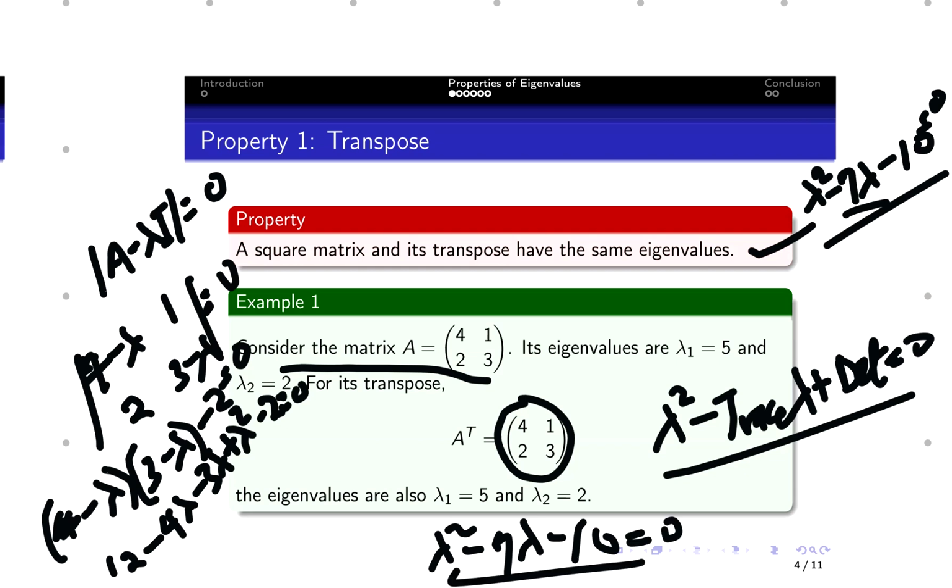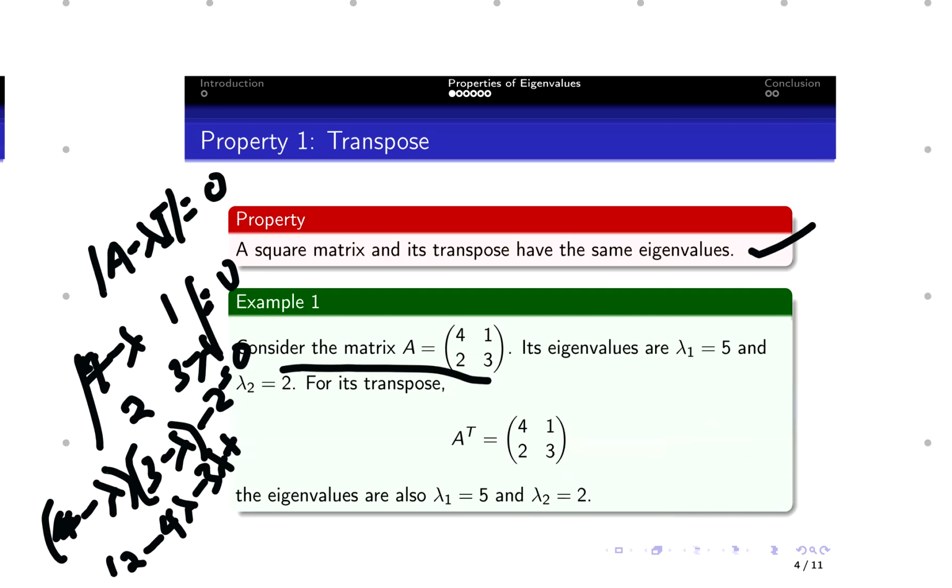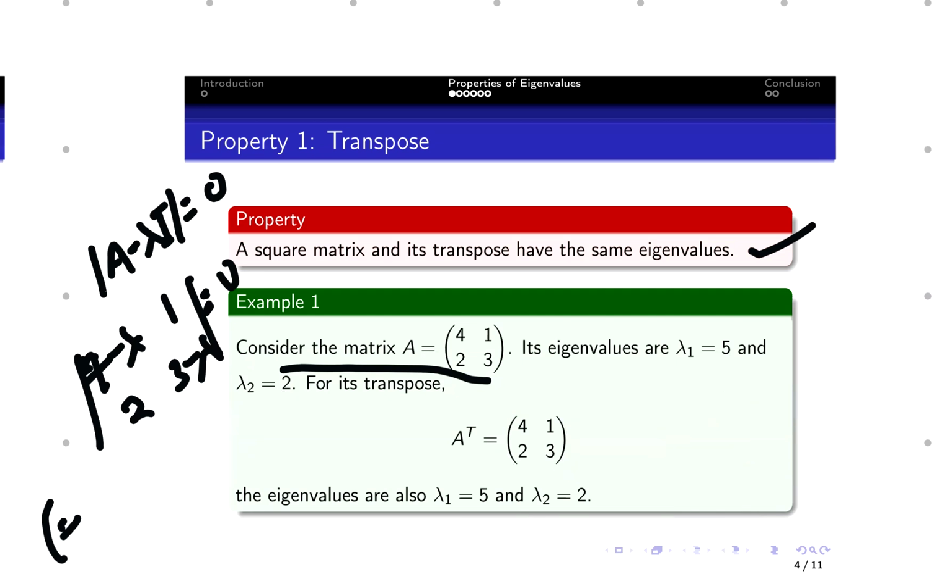Since they have the same characteristic polynomial, they will definitely have the same eigenvalues, because if you solve this again, you get lambda minus 5 times lambda minus 2. So the lambdas will be 5 and 2. So you see that it's very true that the transpose of a matrix has the same eigenvalues as the original matrix. Okay, so that's the first property.